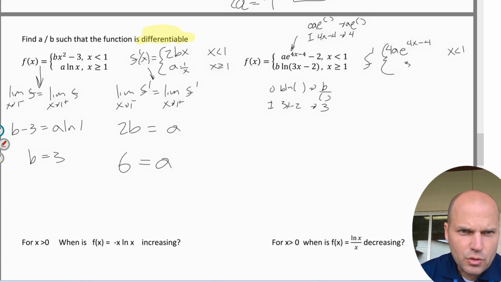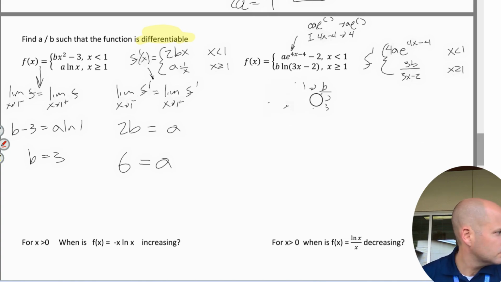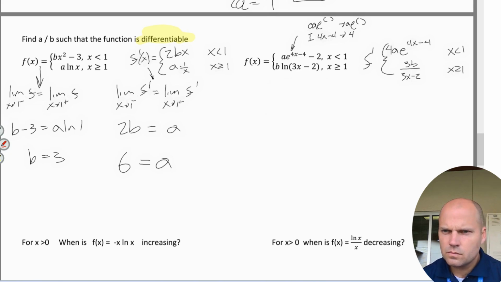So the slopes would be 3b over 3x minus 2. Okay.